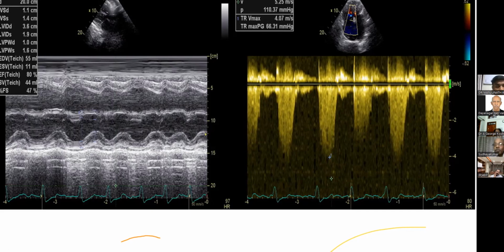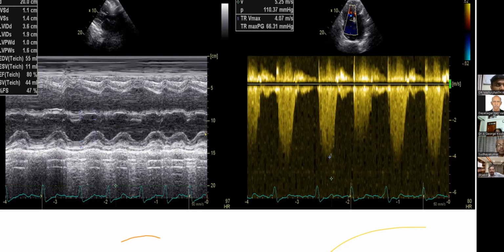So what are the causes of a thickened RV wall other than pulmonary hypertension and pulmonary stenosis? Obviously, the problem should be in the myocardium. Myocardium, very good, thinking is right. So what are the possible causes? Problems where there is a problem with the RV free wall.